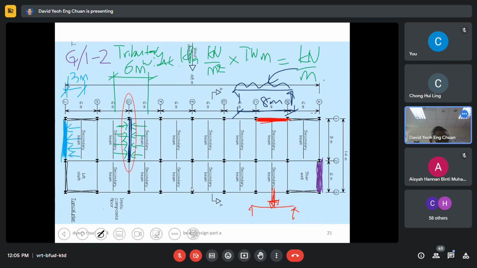What's your answer? For the purple, I think it's not a restrained beam. Unrestrained. Why do you say it's unrestrained? Come on, quickly.